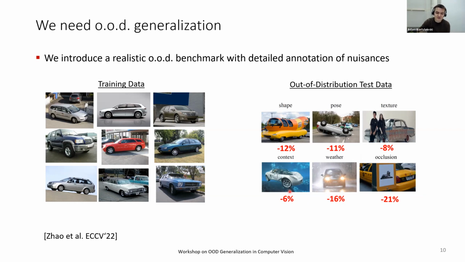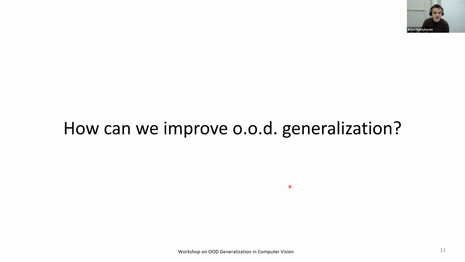And these numbers vary significantly also between tasks. For example, what we discovered is that in object detection, context variation is actually the one that is most challenging for object detection models. Good, so we collected this dataset. This paper will be presented at ECCV as an oral presentation.